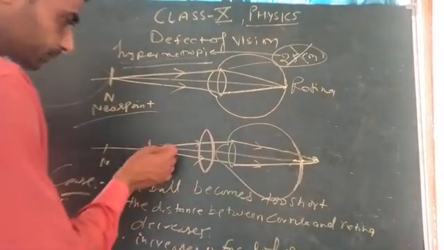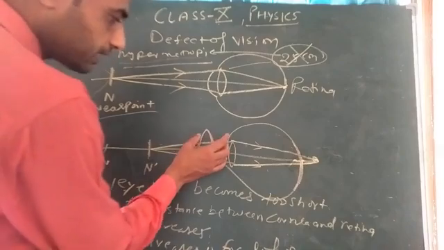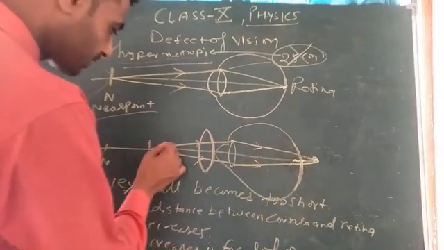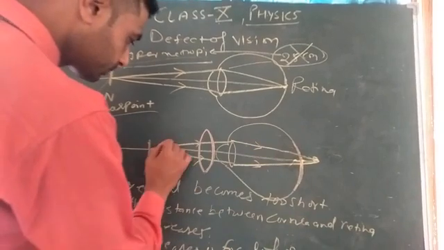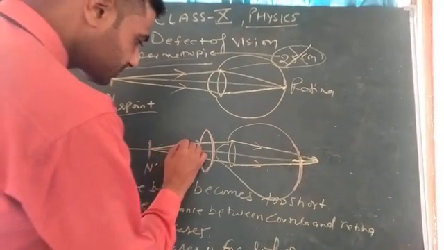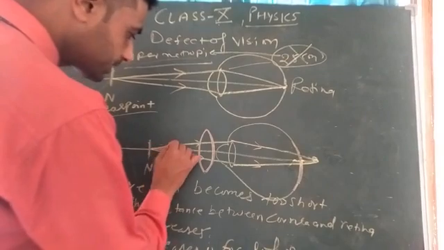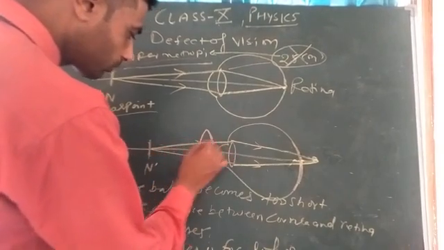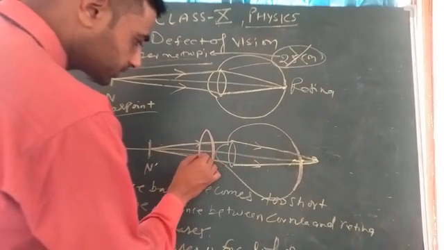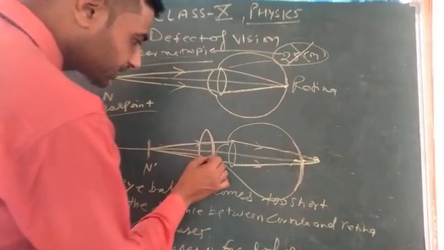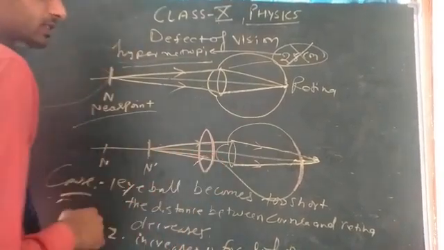Okay, because as you know, a convex lens is known as a converging lens, and when these rays of light are incident on this convex lens, the convex lens bends the rays of light.